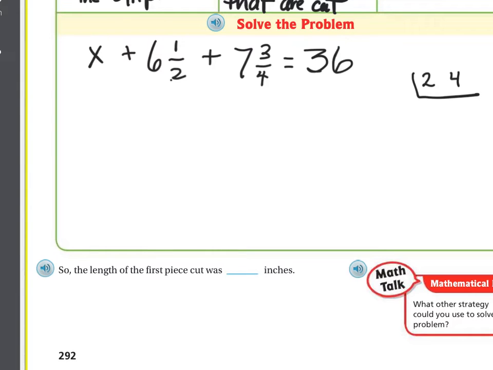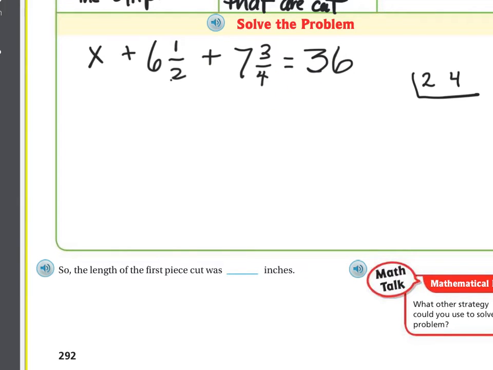Let's go over the equation really quickly, because it probably looks pretty confusing. Remember, the x is the number that we're looking for. So what are these three numbers representing? Ali? The strips. These are the lengths of the strips. And then this total is the size of the strip, right?